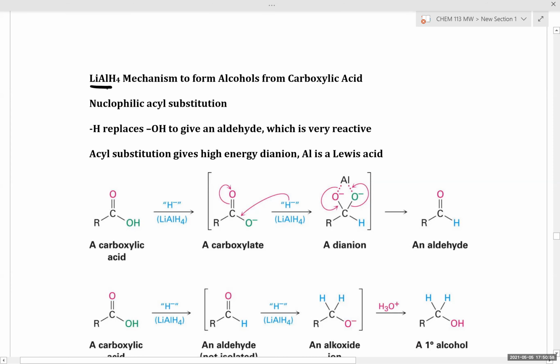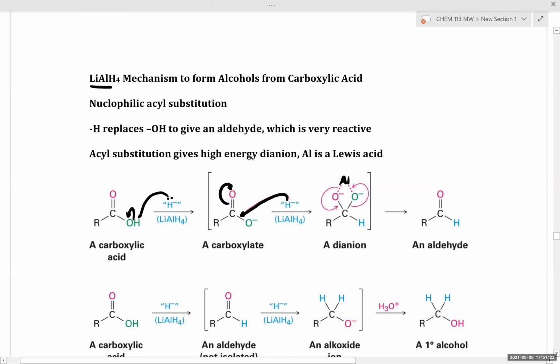So, in lithium aluminum hydride reductions of carboxylic acids, the first step is that hydride is going to remove a proton. From here, hydride will then attack the electrophilic carbonyl carbon. And this is where aluminum really plays its critical role.